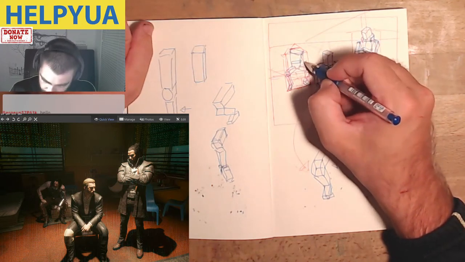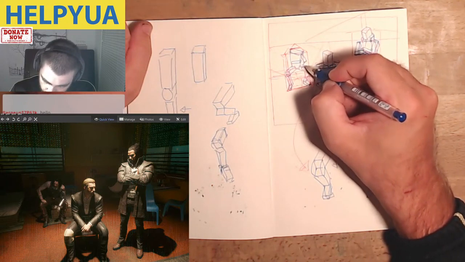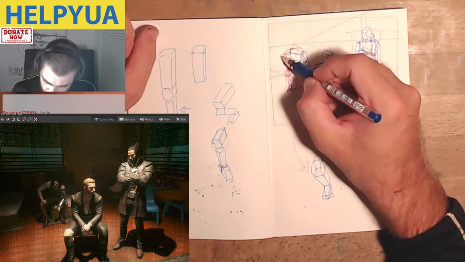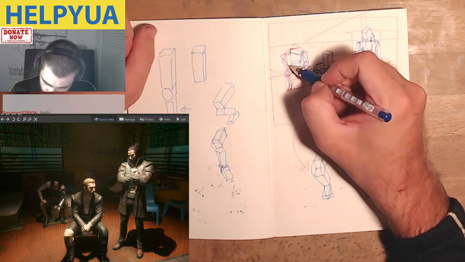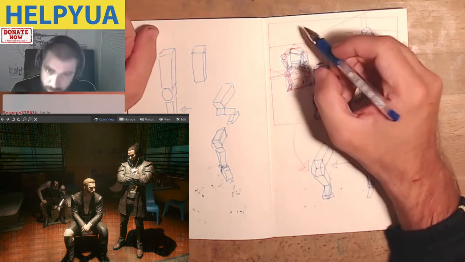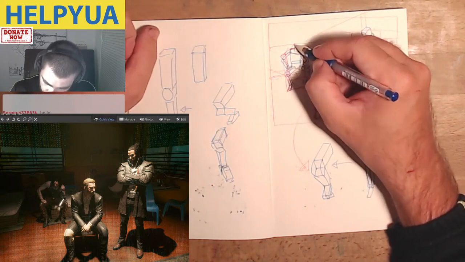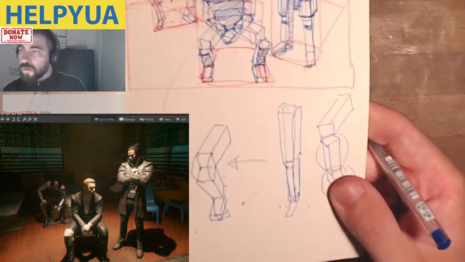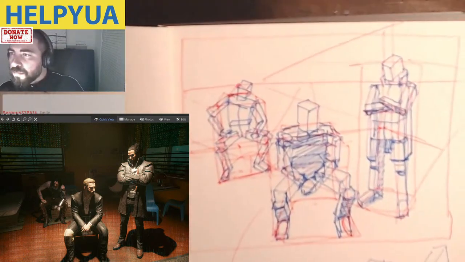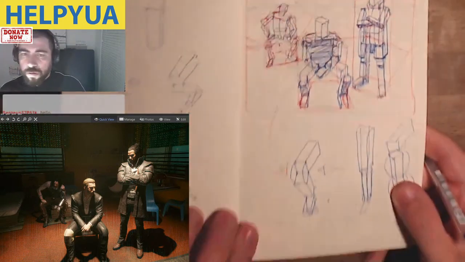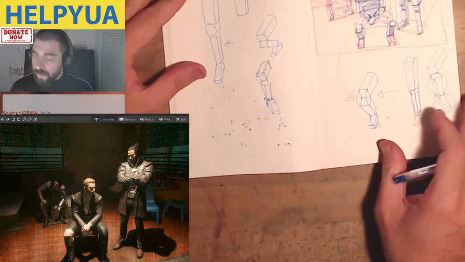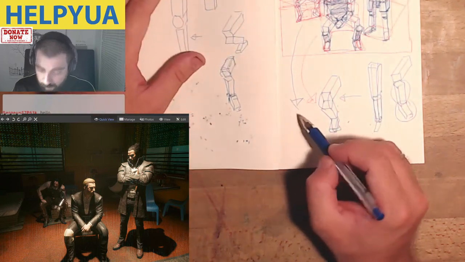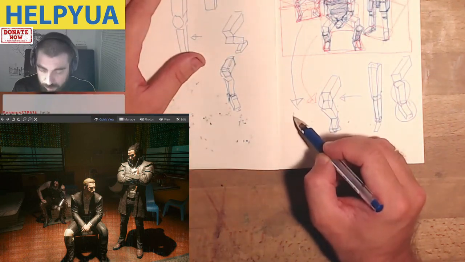And we can see his biceps here, and his head here. So maybe I drew him more clearly here.